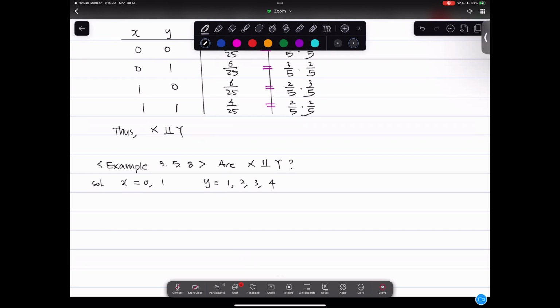So one counterexample is good enough to show that X and Y are not independent.